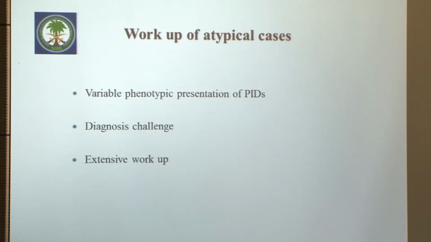In regard to atypical cases, PID can present variably. It's always a diagnostic challenge, and even with extensive workup, you do not reach the definite diagnosis. This is an example of a 6-month-old with a family history of a sibling who died at the age of 10 years with query immunodeficiency.